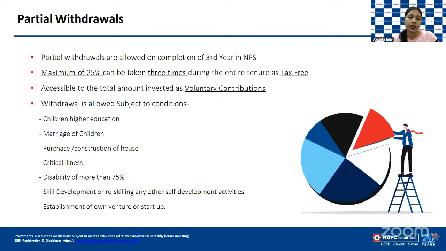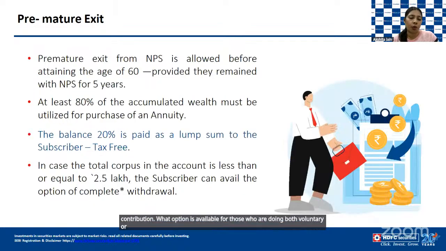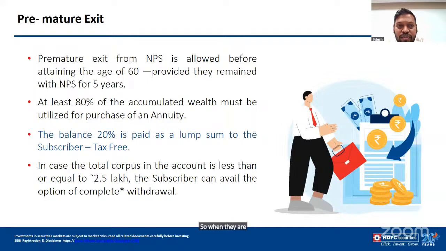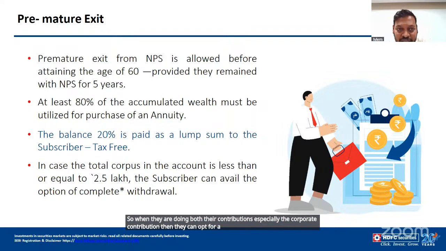So this option is available only for those who are making the voluntary contribution. What option is available for those who are doing both voluntary or else a corporate contribution in NPS? So, when they are doing both contributions, especially the corporate contribution, then they can opt for a premature exit, which is allowed before turning the age of 60 years. However, the subscriber has to be part of NPS for at least 5 continuous years.